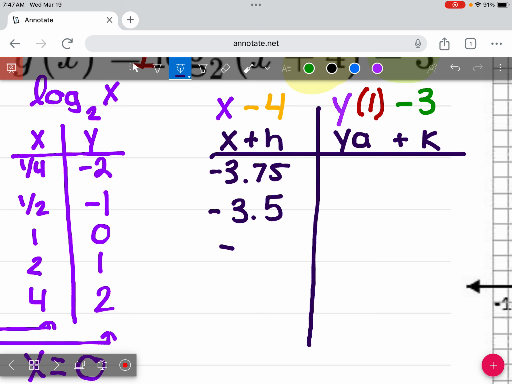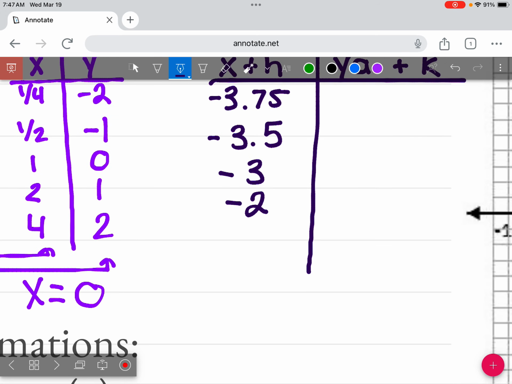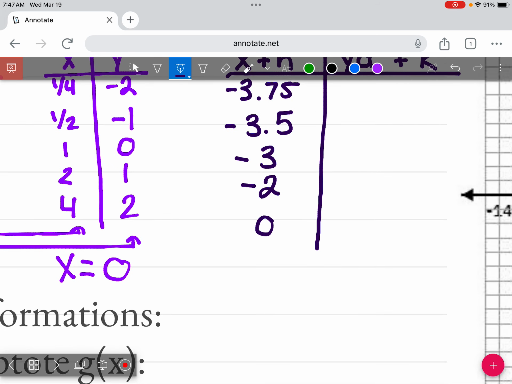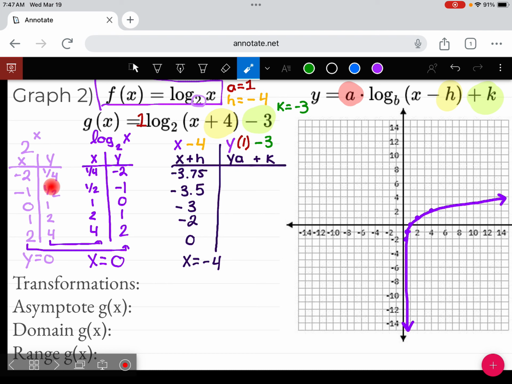For our 1 minus 4, we get negative 3. 2 minus 4 gives us a negative 2. And 4 minus 4 gives us a 0. I'm also going to grab my asymptote right here. Since it's an x, we're going to do the exact same thing. I'm going to take my 0 and -4 to get my asymptote at x equals -4. We apply our transformations to our asymptotes as well. Since it's an x, it goes through my x transformation, just like my y's went through my y transformation on my exponentials.